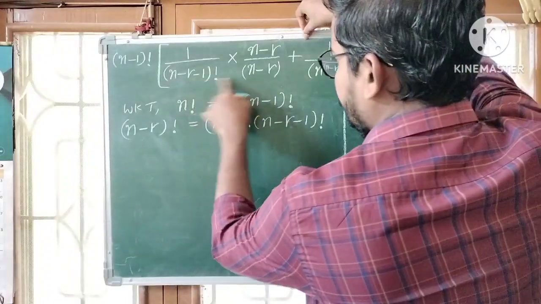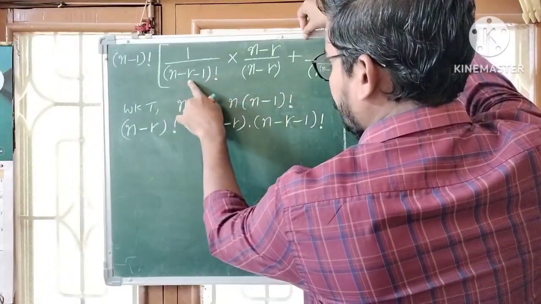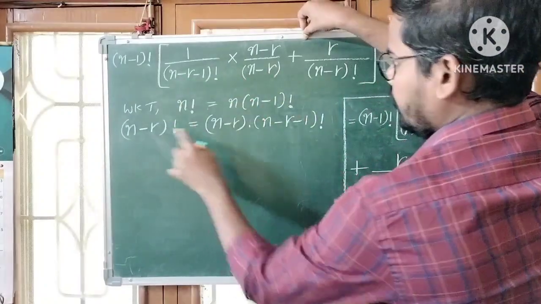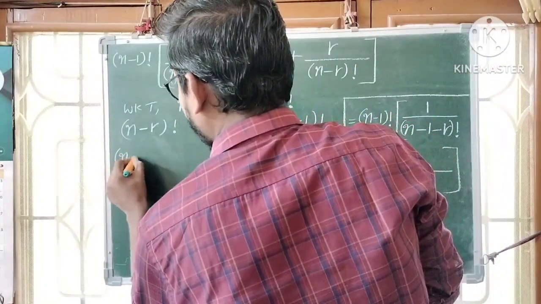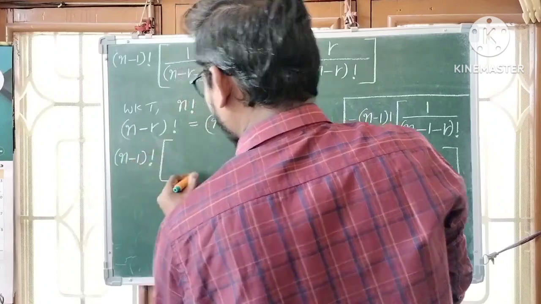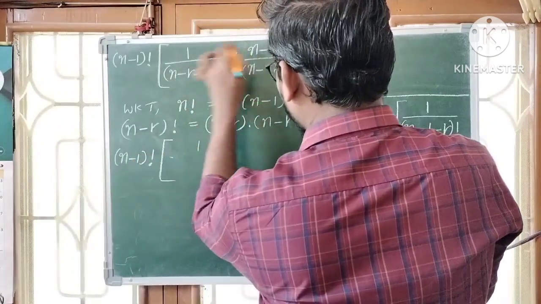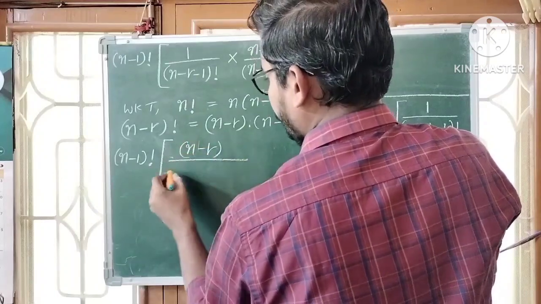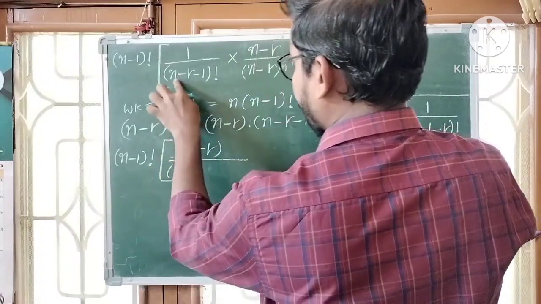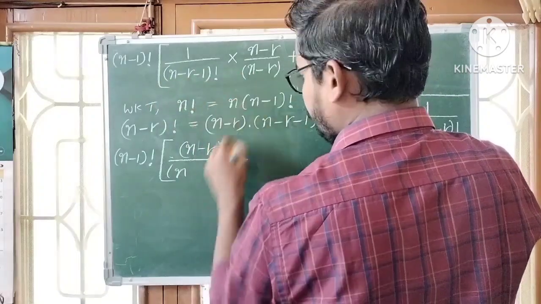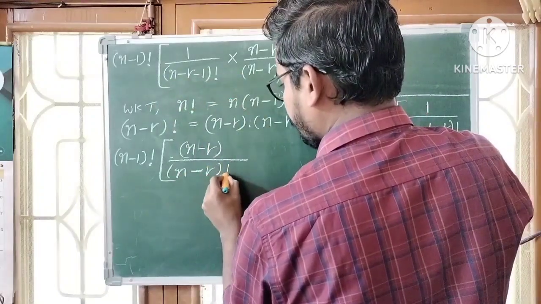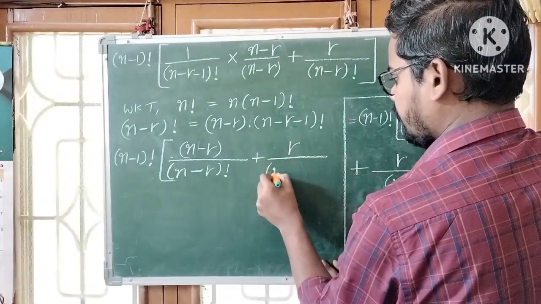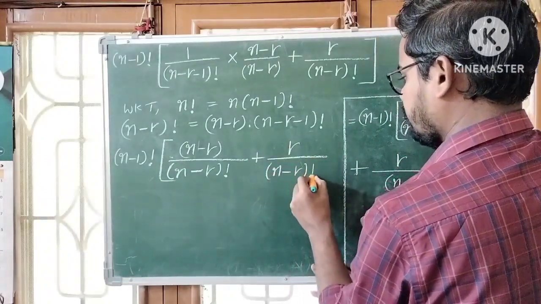Just observe the denominator: n minus r into n minus r minus 1 factorial. So in place of this denominator we can write n minus r factorial. Now n minus 1 factorial into n minus r by n minus r factorial plus r by n minus r factorial.